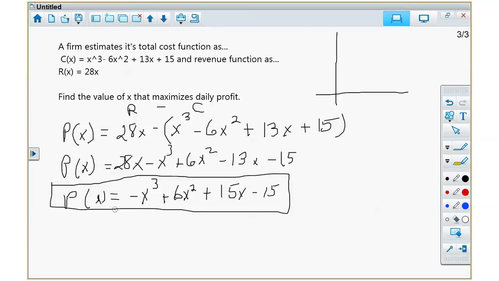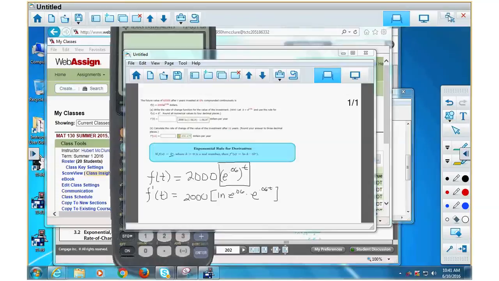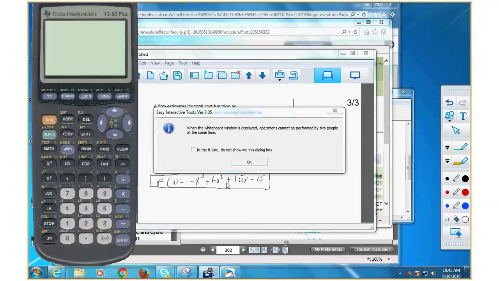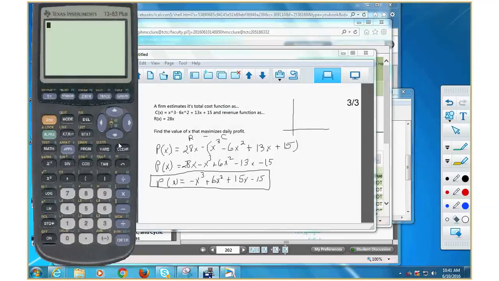Now, when you graph that function, clear, y is equal to negative x cubed plus 6x squared plus 15x minus 15.